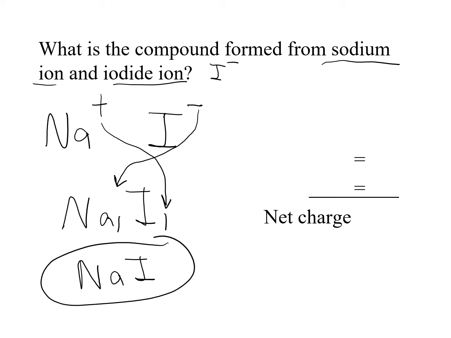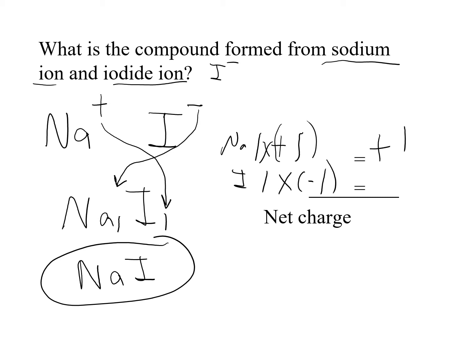If I want to check the charges, again, for sodium, I have 1 sodium with a +1 charge. This is 1 times +1. And we have 1 iodine, so 1 times -1. So we end up with +1 minus 1. Net charge is 0.